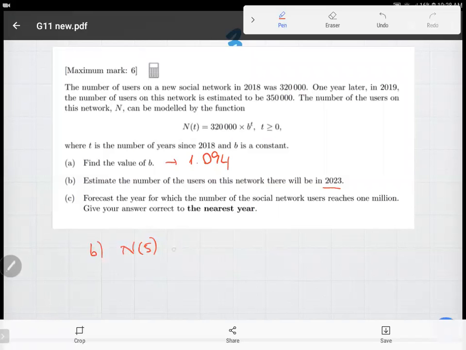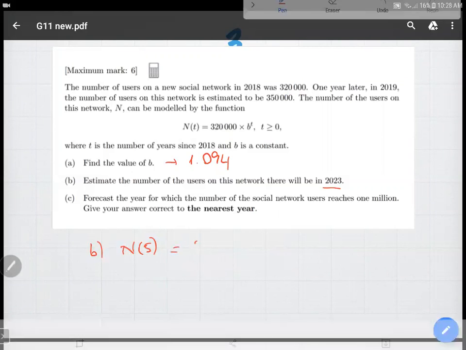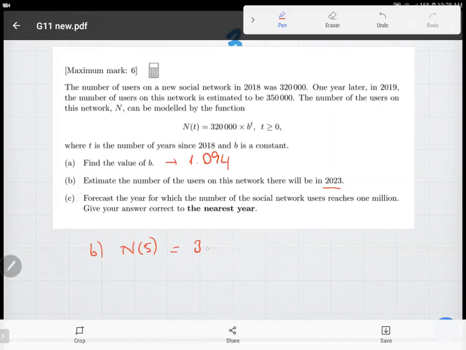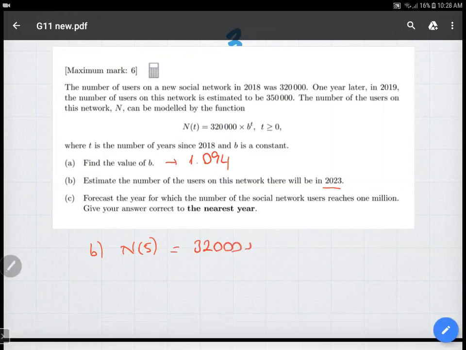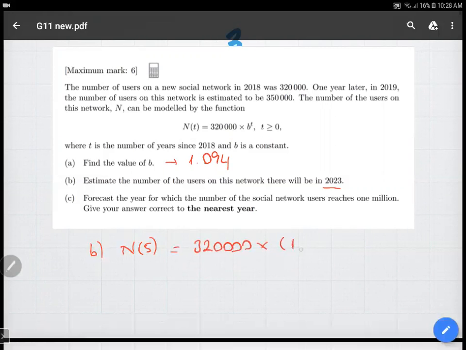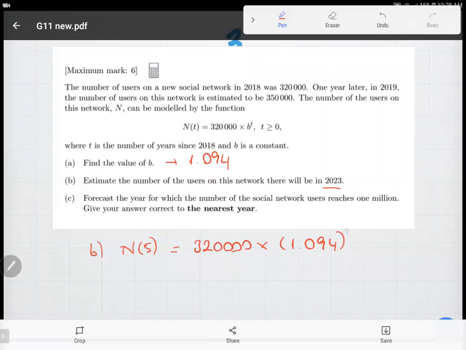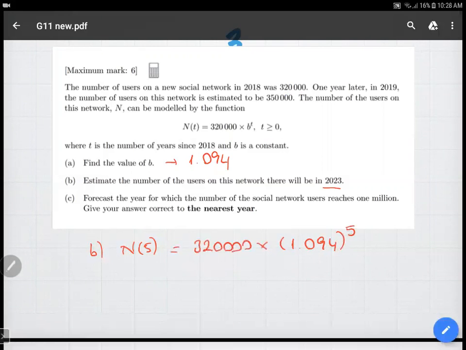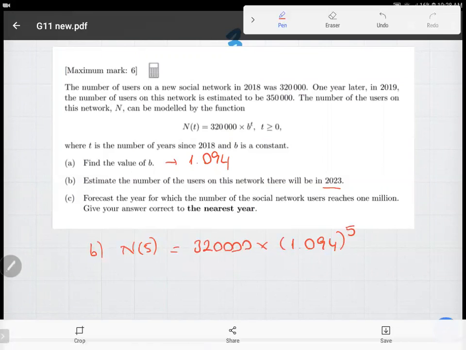Let's put this number into our equation. 320,000 times, now we already found b, 1.094, and then the power is 5.